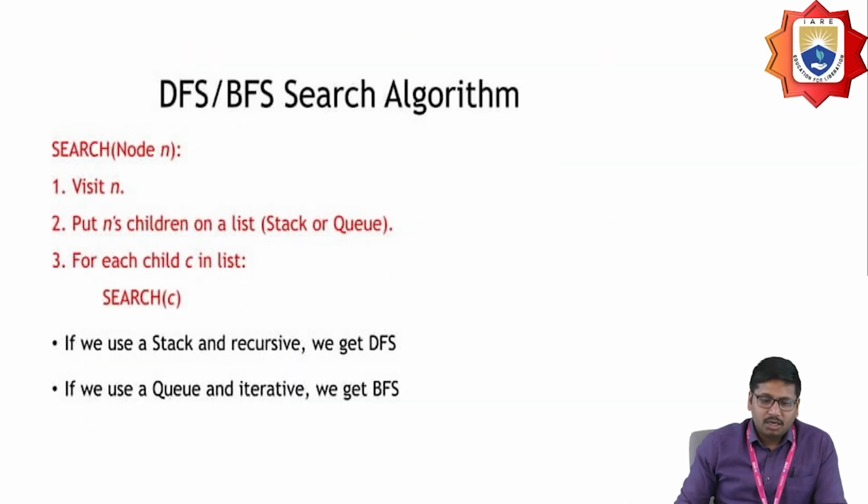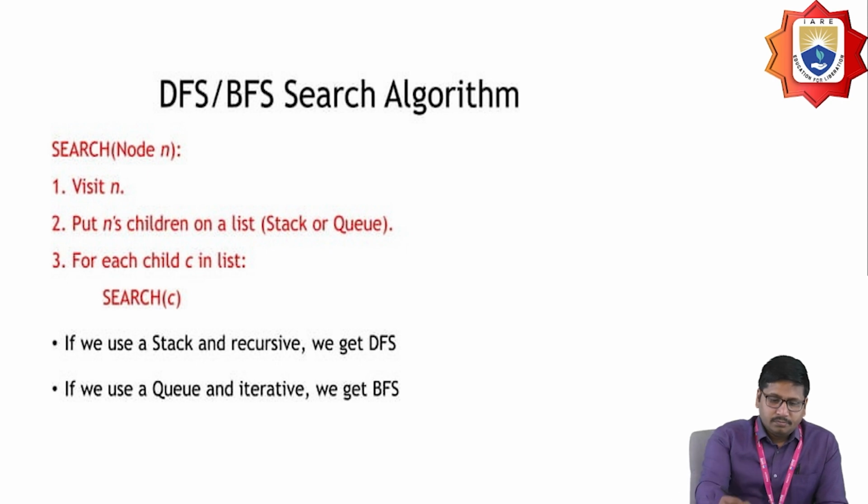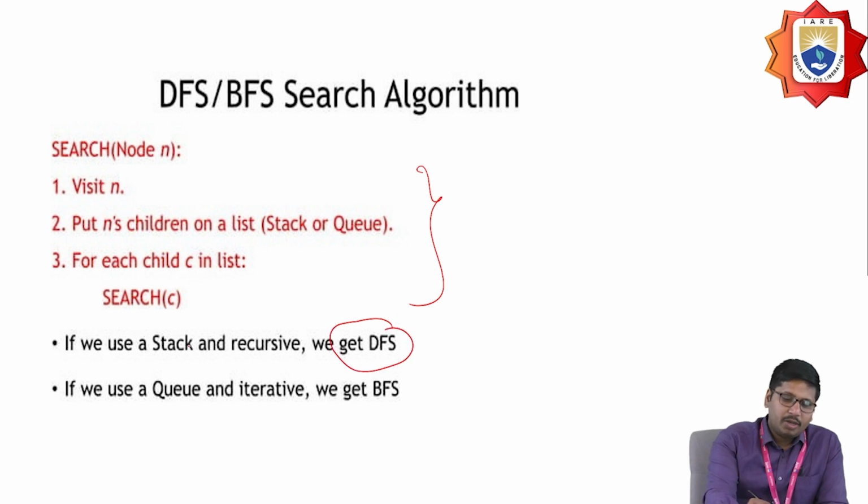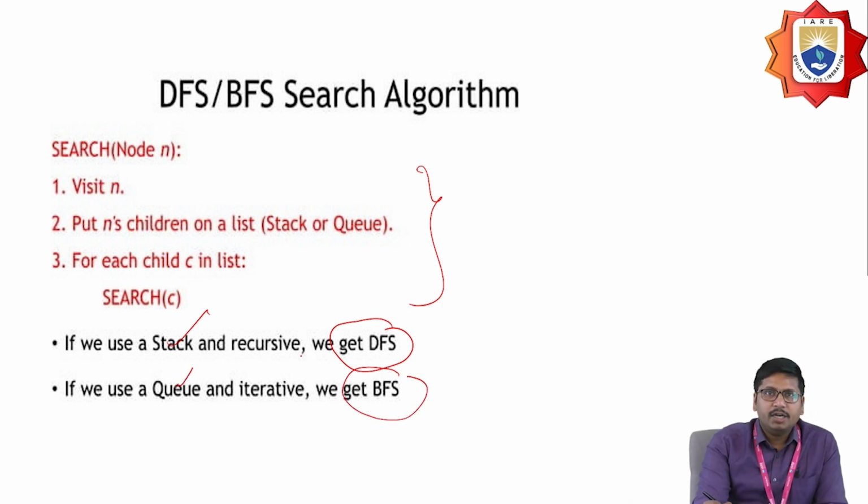If you look at this algorithm, the steps are the same here. First we visit the node, then put its children nodes in a list, and then for each child we search the children of that child. For this, if I perform DFS, I have to make use of a stack data structure, and if I want to perform BFS, I have to make use of a queue data structure.